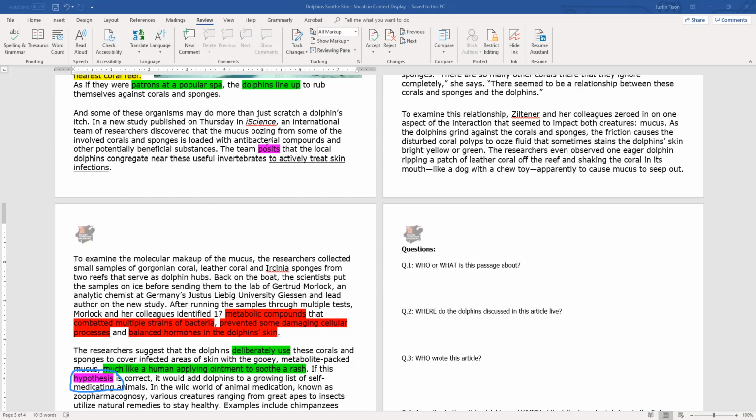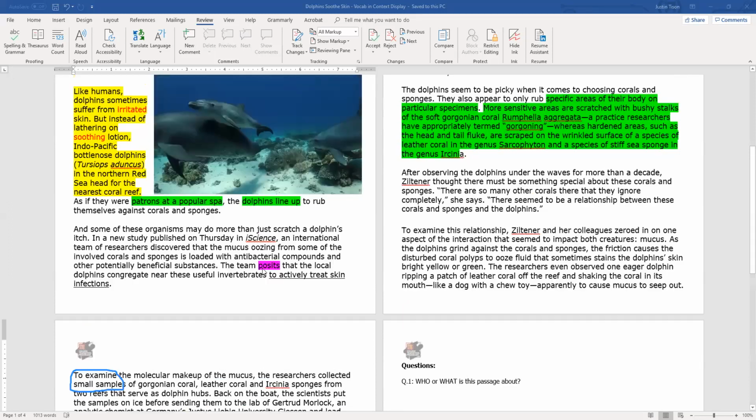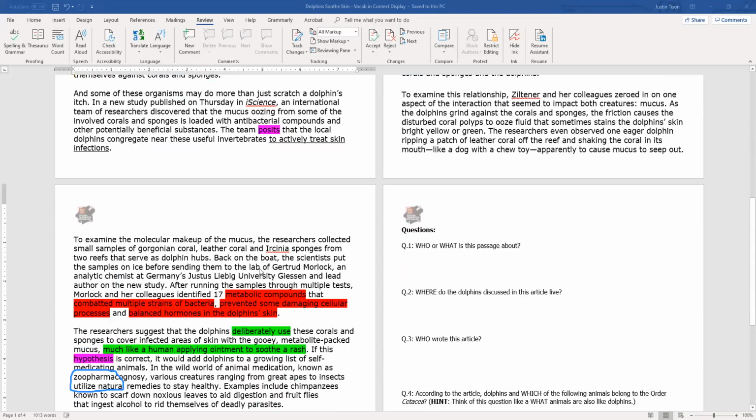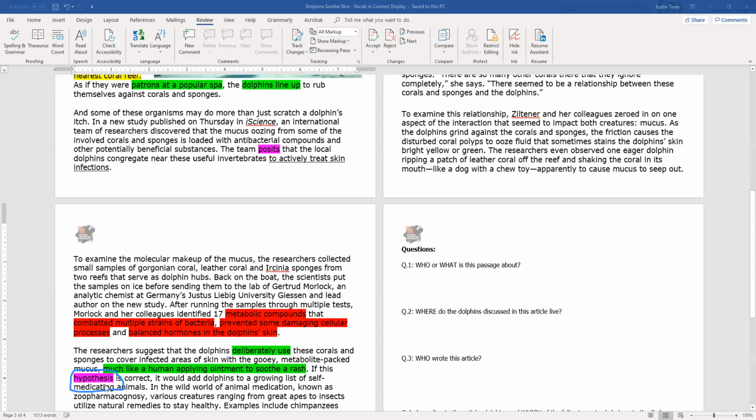Like in this article, the team posits or hypothesizes that the local dolphins congregate near these useful invertebrates to actively treat skin infections. This group of researchers is making an inference based on what they're seeing the dolphins doing. They're going to come in and then test that hypothesis, and that's what you're reading about, the results of that test. So pay attention to those words: hypothesis, posits, experiment. You're going to be seeing them a lot.